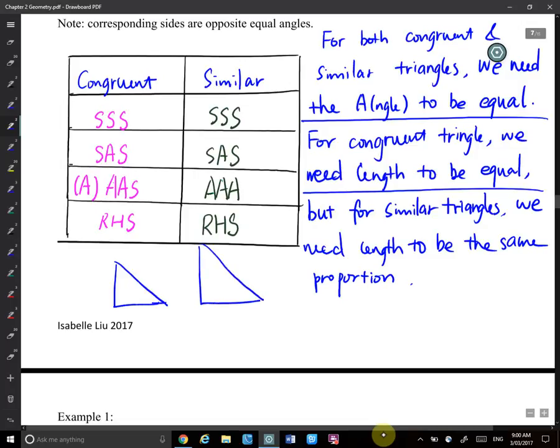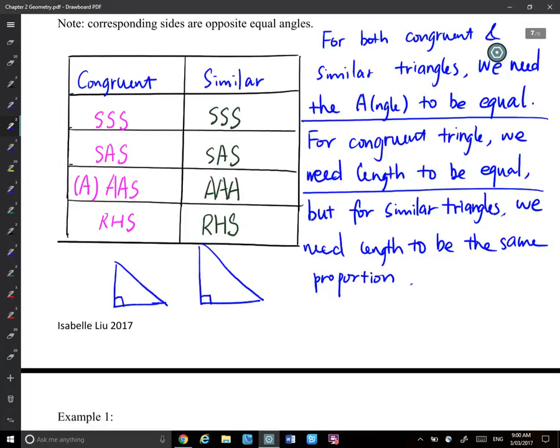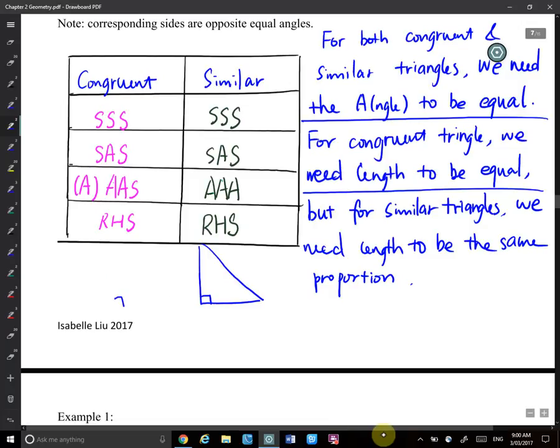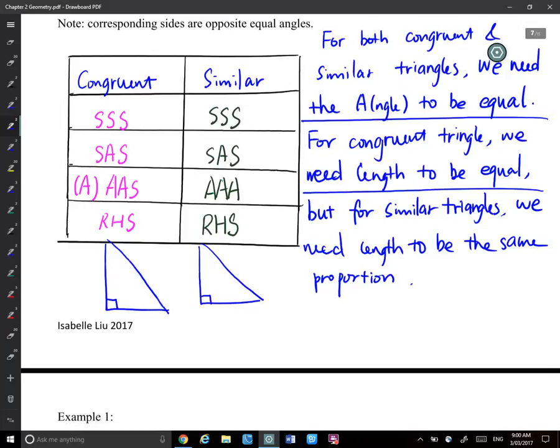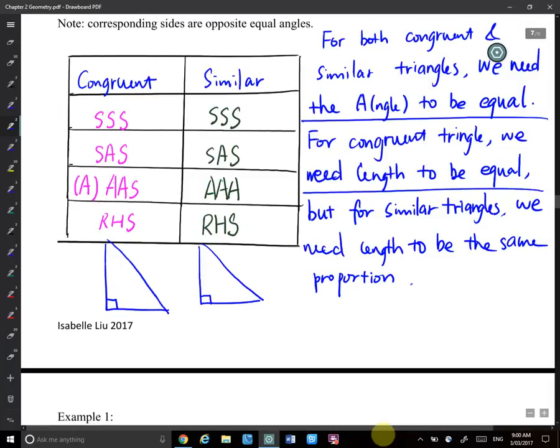For the RHS, we know this angle is equal, and I need congruent triangles. Normally we need two lengths to be equal and the included angles to be equal. So I have this one equal, I have those equal.